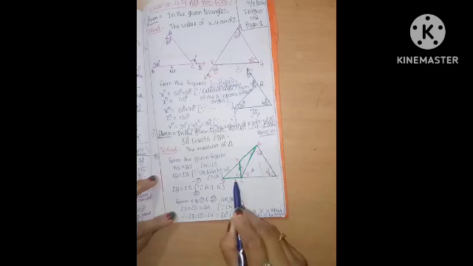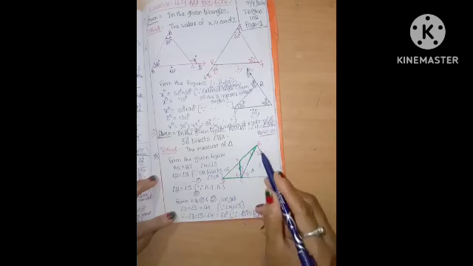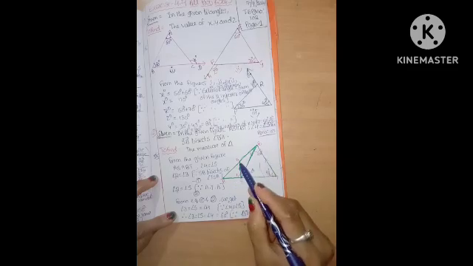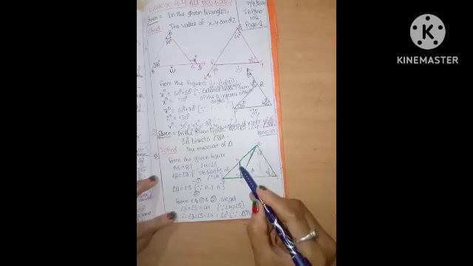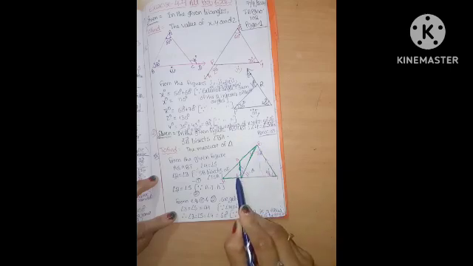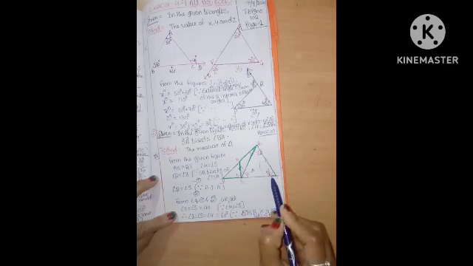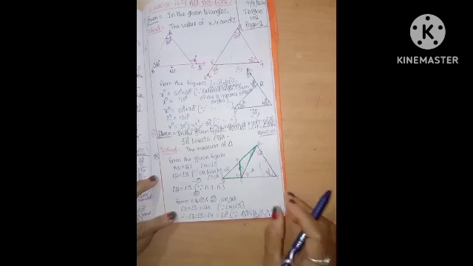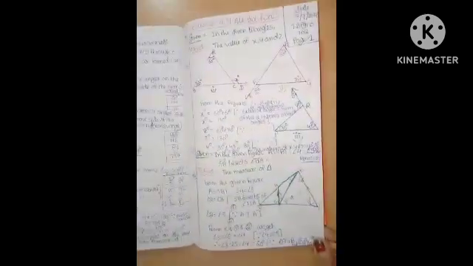These two are corresponding angles. These two lines are parallel and this is the transversal. So angle 1 is equal to angle 4. Corresponding angles are equal.